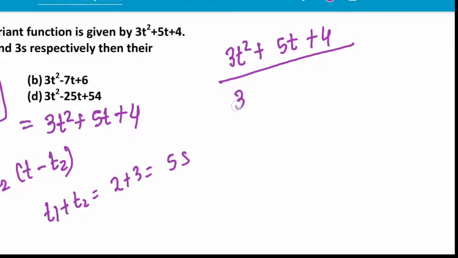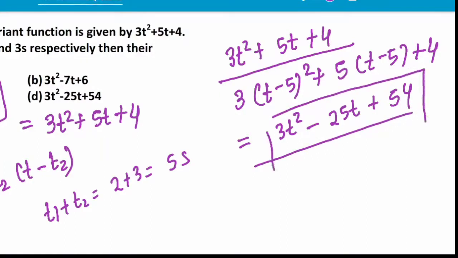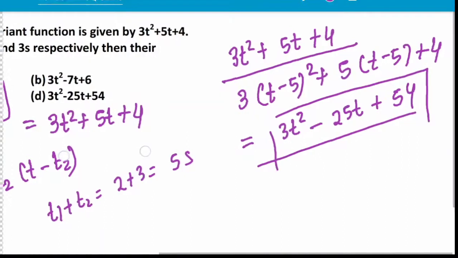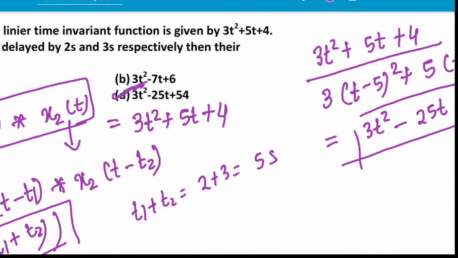So this will be 3 into (t minus 5) square plus 5 into (t minus 5) plus 4, and this will finally be 3t square minus 25t plus 54. So option D is the correct answer.